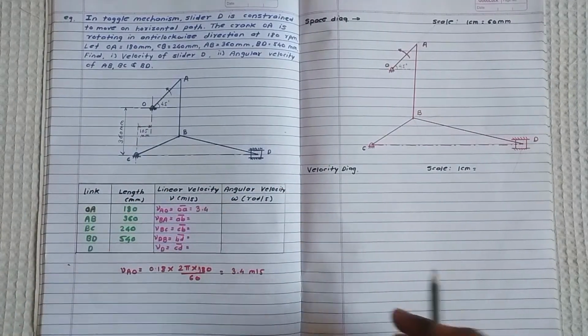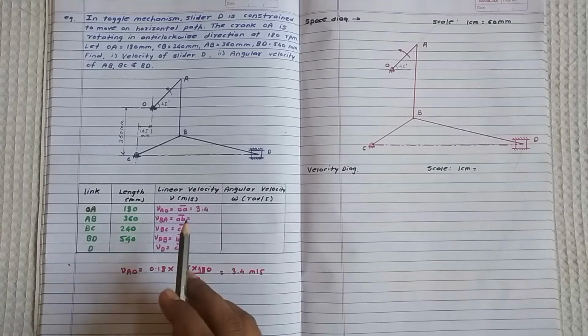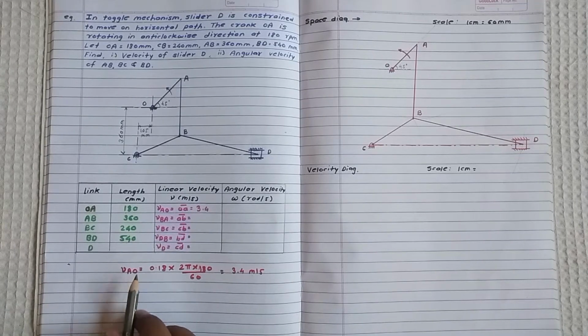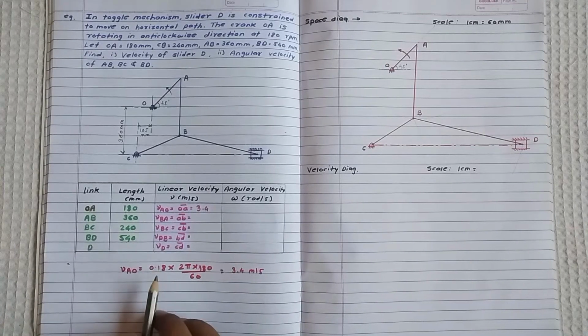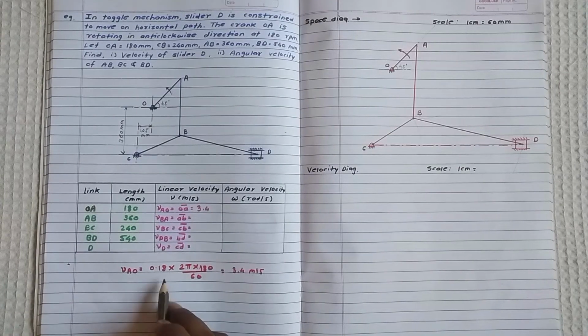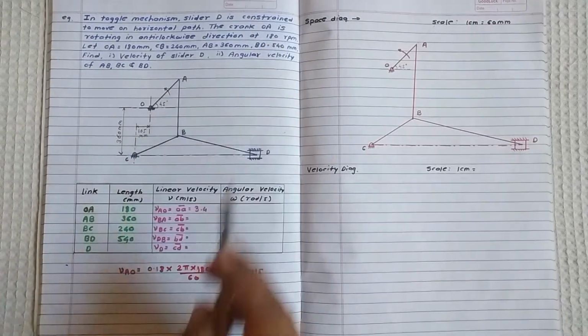Now the next step is to draw a velocity diagram and the calculation part. For drawing the velocity diagram, we should select the scale based on the velocity of the input link. We know how to find the velocity of the input link. Velocity of AO is equal to r into omega. Length of OA is 180 mm, so in meters 0.18 into omega, which is 2 pi N upon 60, that is 2 pi into 180 rpm upon 60.